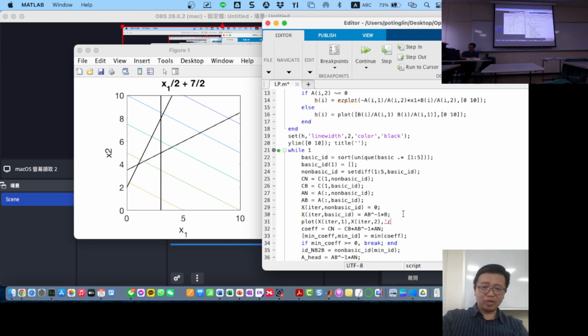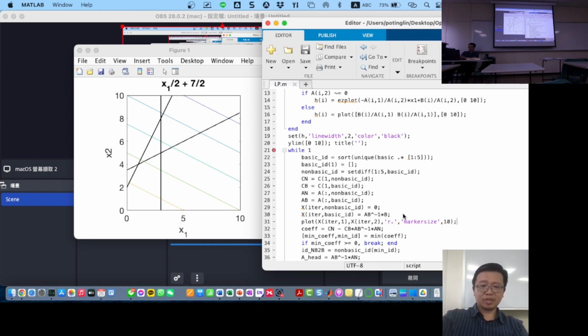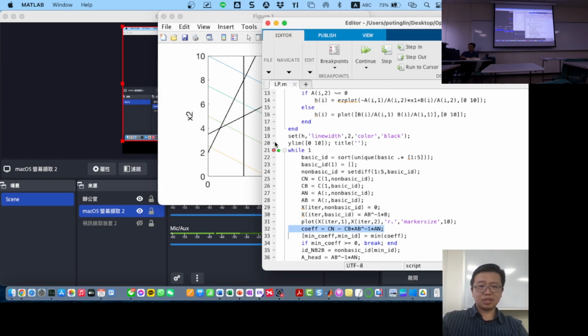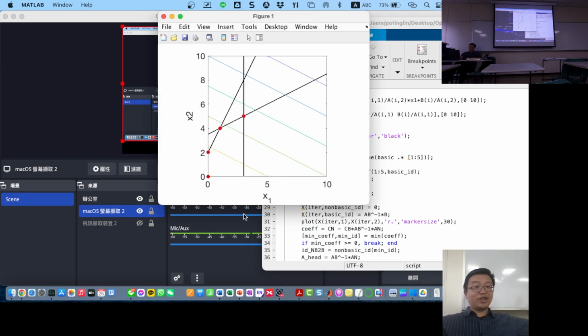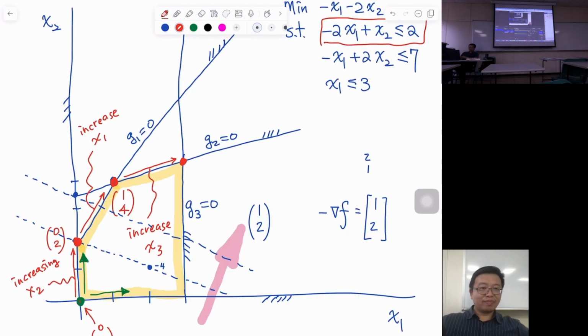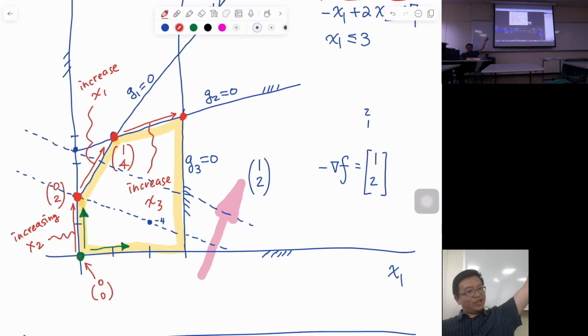Draw a red circle, marker size 10. Okay. Not large enough, 30. Then you realize it's surely trying to move along the linear boundary and then reach to the top. Just like what I showed you last time in the iPad. See, it's moving this way.